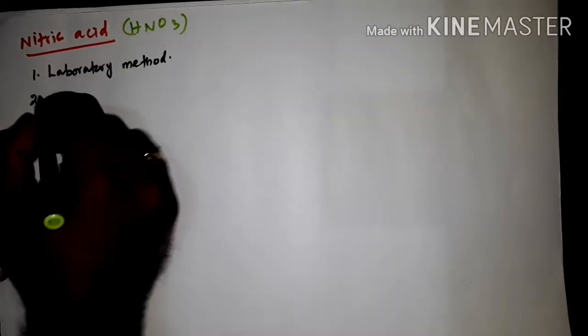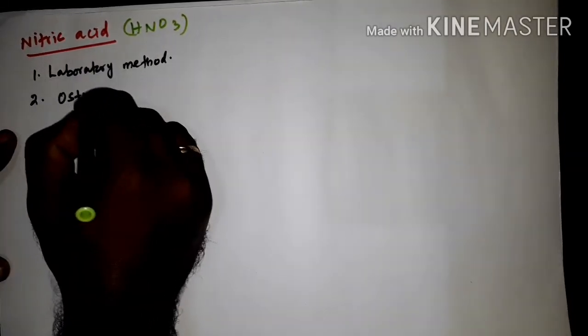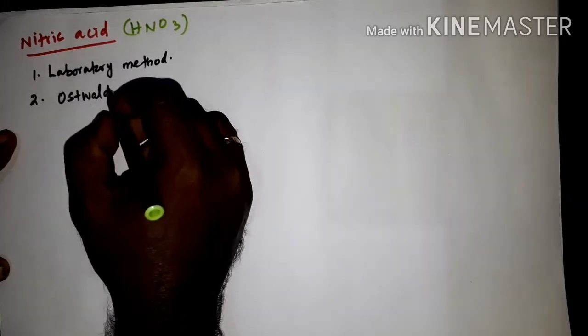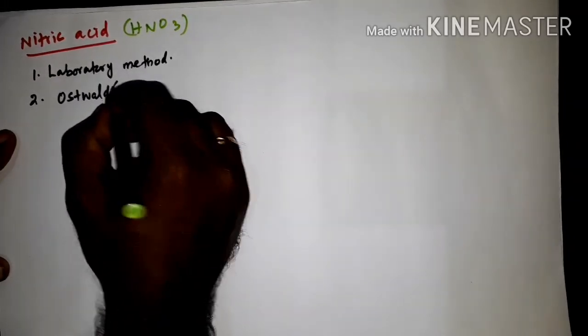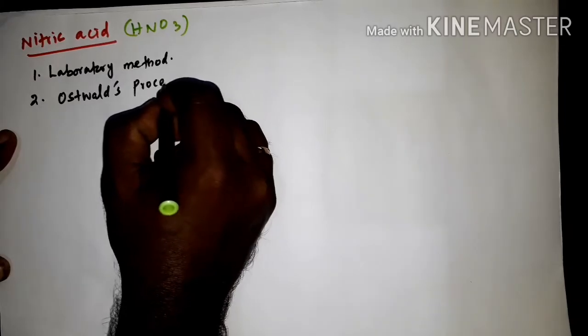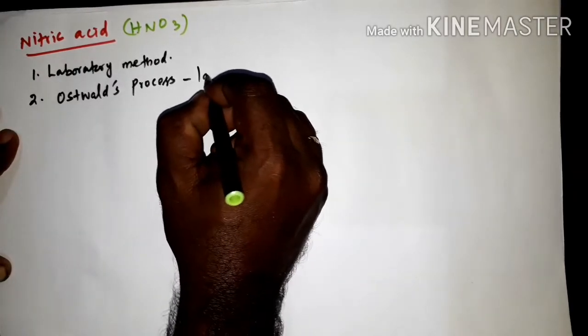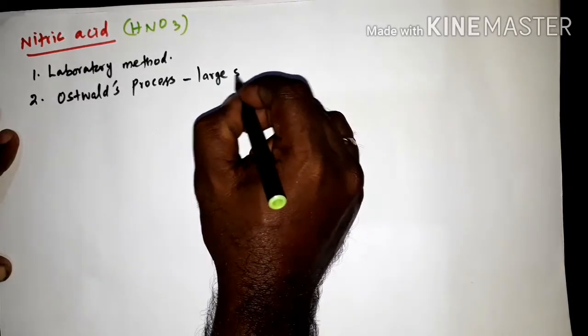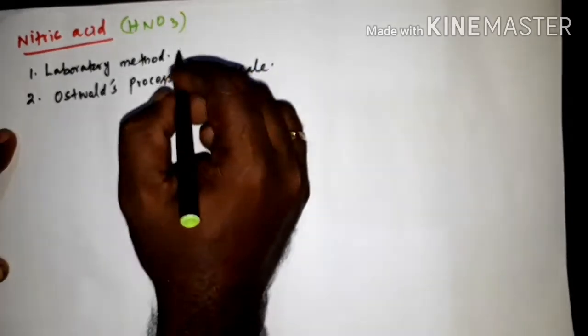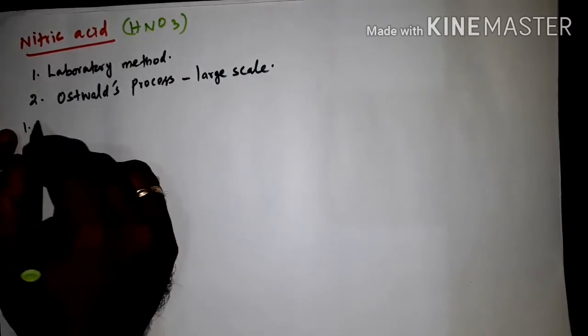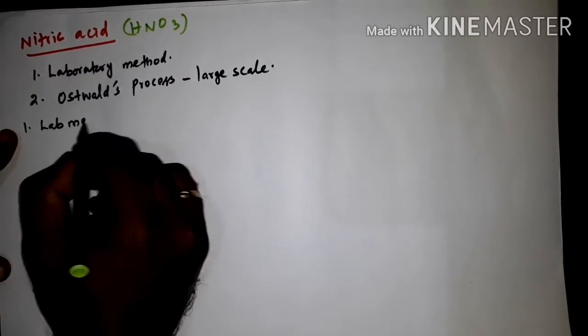Second method is Ostwald process. Okay, this is the large scale preparation. So first method is laboratory method, that is lab method.